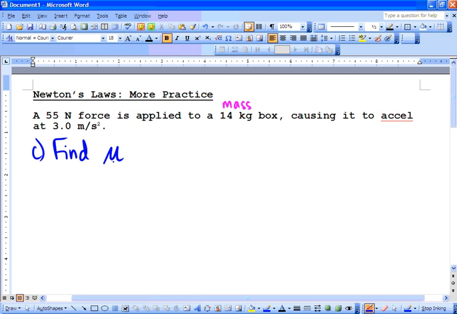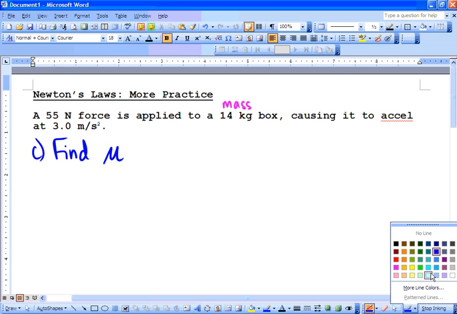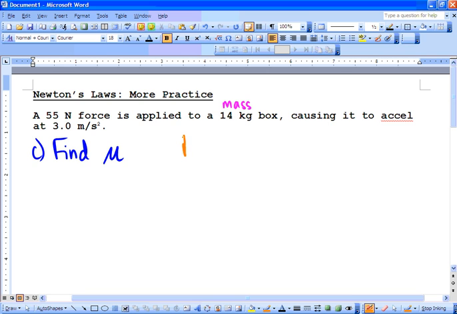So now when we're looking for the coefficient of friction, now we will have to go back to that friction equation. FF equals the coefficient times the normal force. You could separate the normal force into m times g, or you could just work with it as normal force because we have both of those things labeled on our free body diagram.